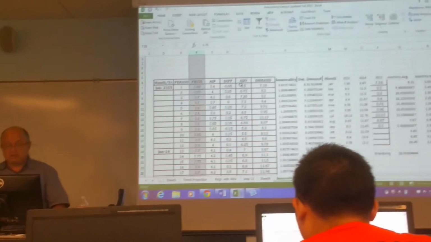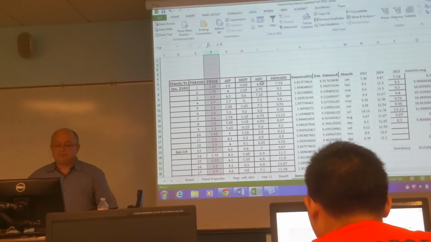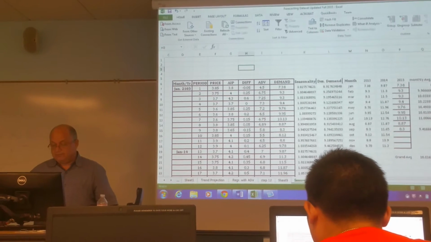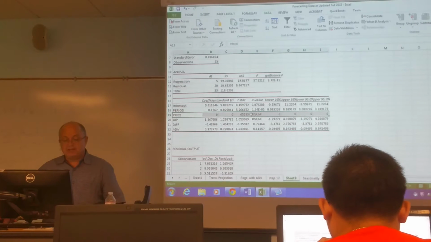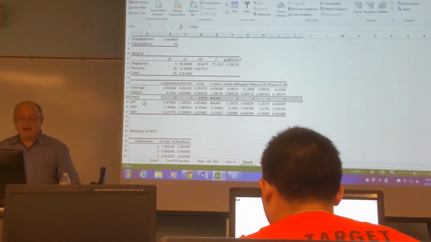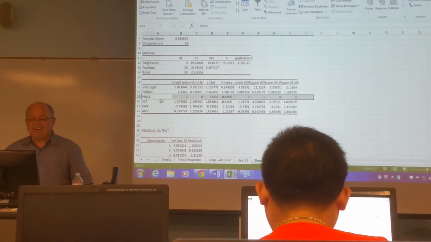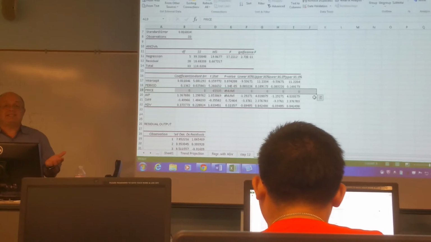Copy them to some other page, and then run it. Because if you got something like this, it's because the price, AIP and diff are related. That's why you get that. But we don't even want the price in there.